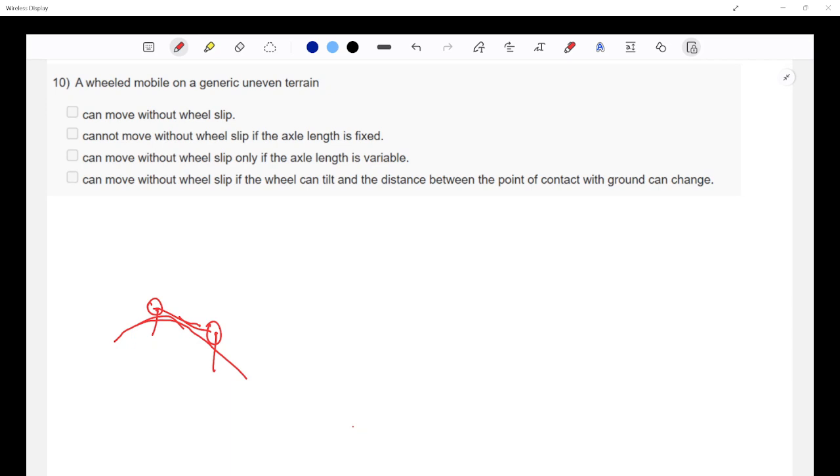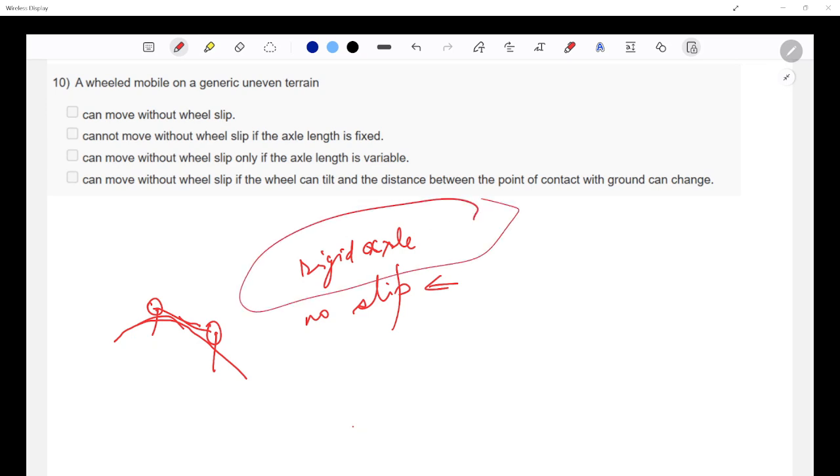So there is a geometry mismatch and it is impossible to satisfy. There is a rigid axle constraint, and also a no-slip constraint. Therefore slip becomes unavoidable, because you have to follow this anyway.